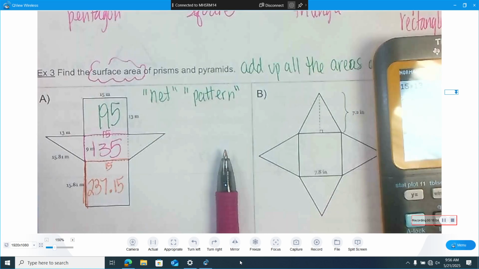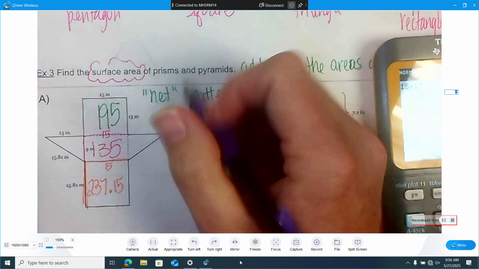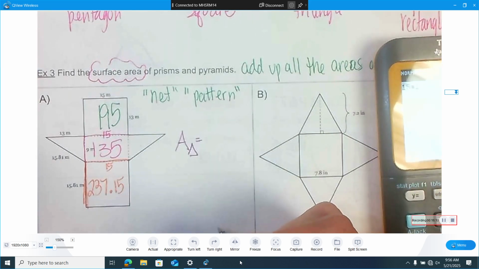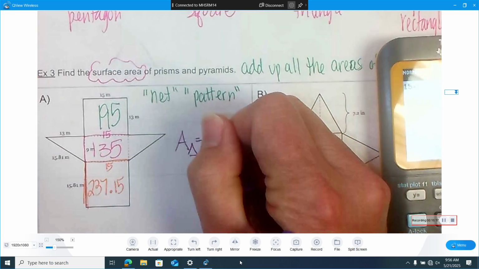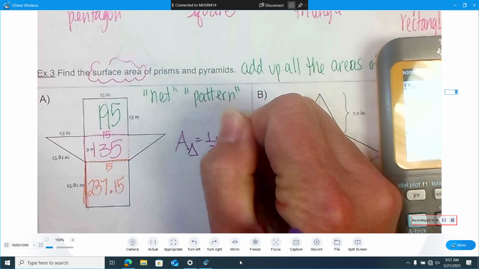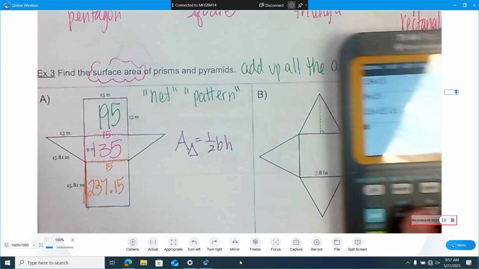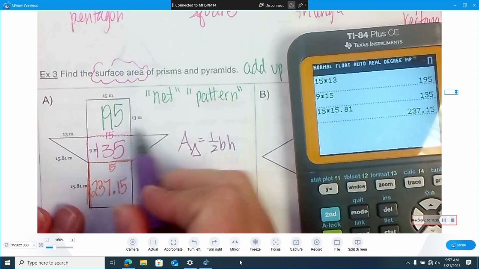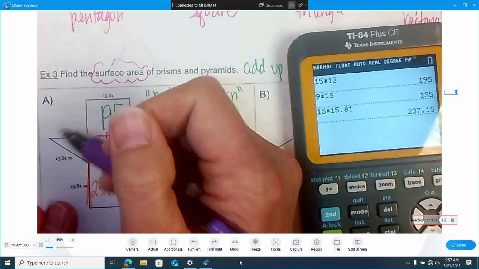How do we find the area of those triangles? What's the formula for area of a triangle? 1/2 base times height. This is not Pythagorean theorem. All right. So when I look at these 2 triangles, what do we need to know here?